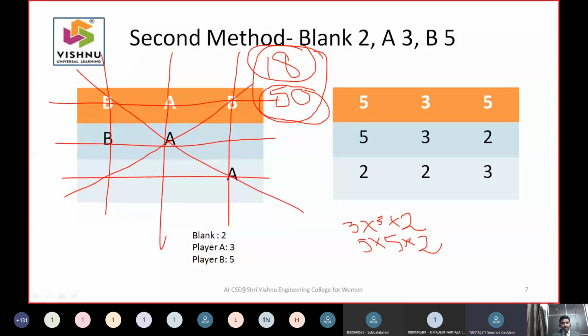Instead of taking 1, 2, 3, 4, 5, 6, 7, 8 sequentially, can you change the positions in such a way that there is no need to compute the values with respect to positions? They have found a magic square in such a way that when you add the values, you will get a value called 15.